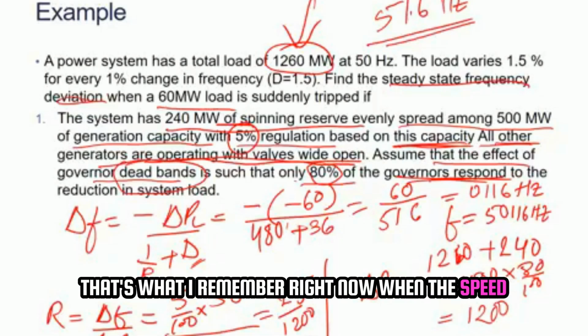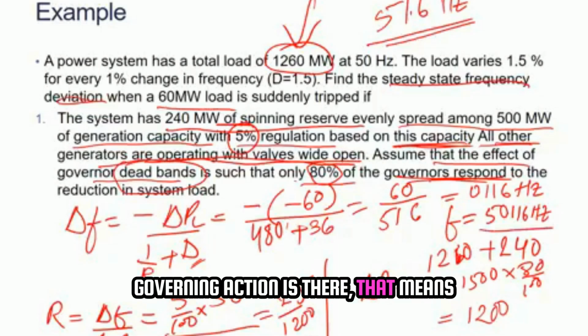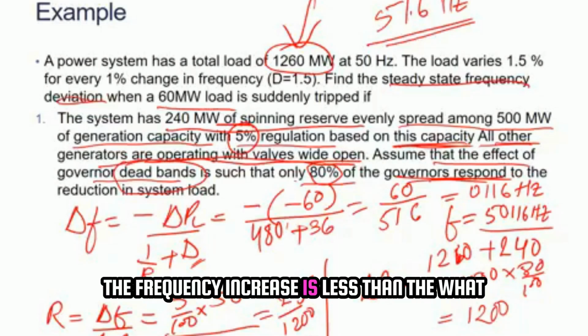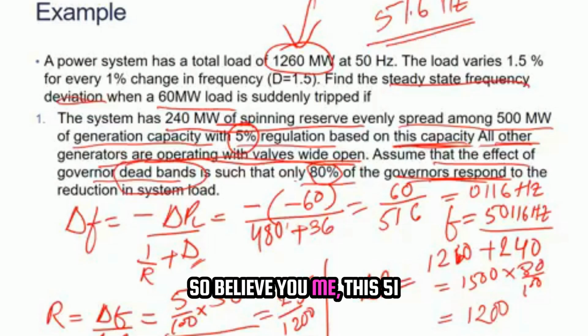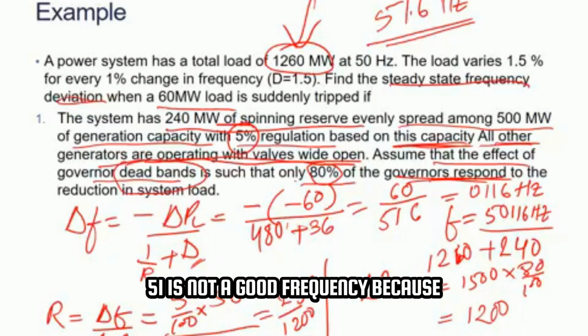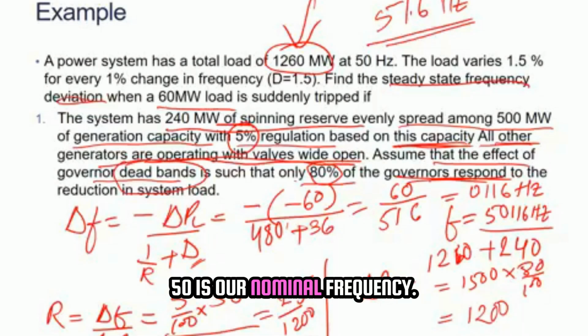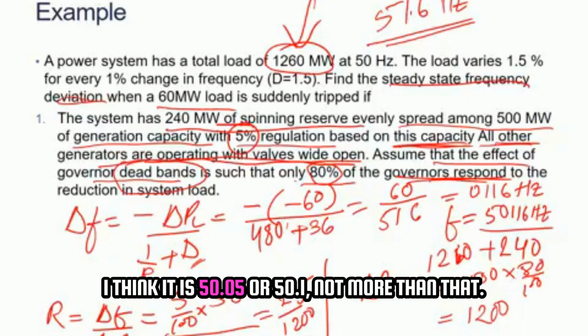Now when the speed governing action is there, the frequency increase is less than what this frequency would have increased. Believe you me, 51 hertz is a very high frequency. 51 is not a good frequency, because 50 is our nominal frequency. At max you can go to 50.05 or 50.1, not more than that.